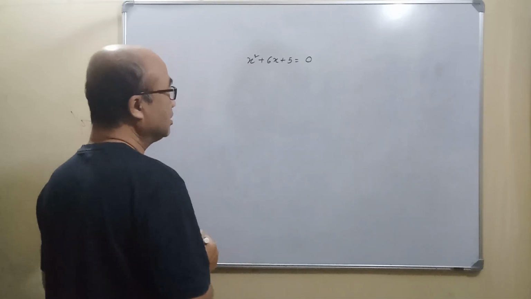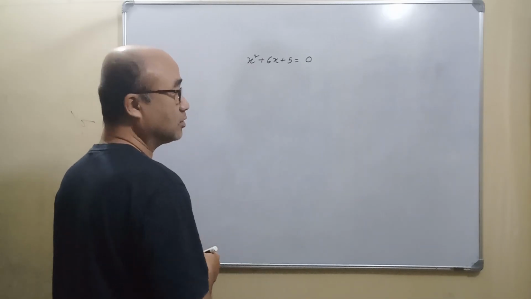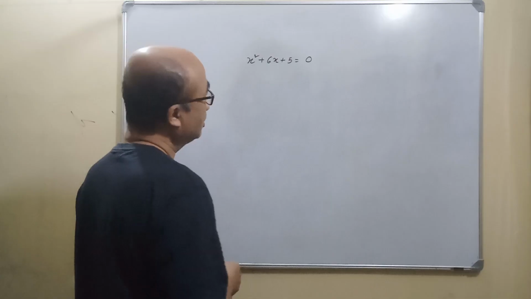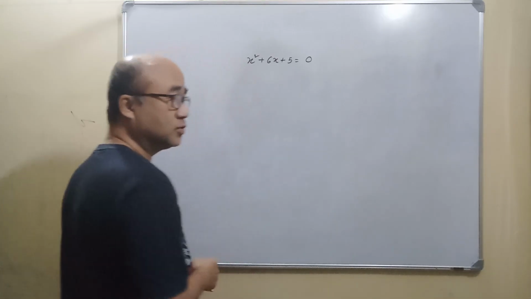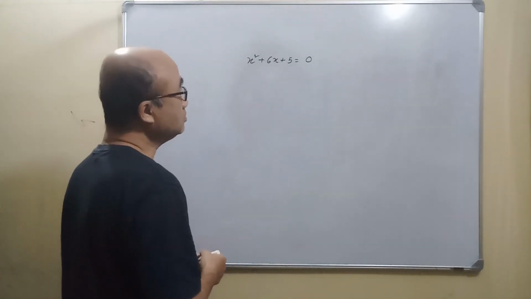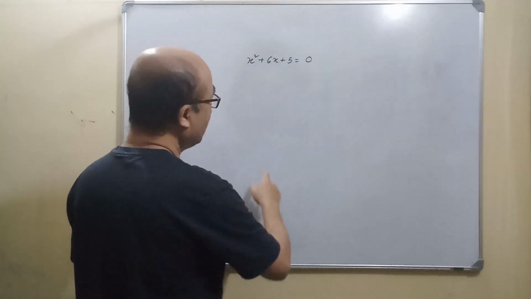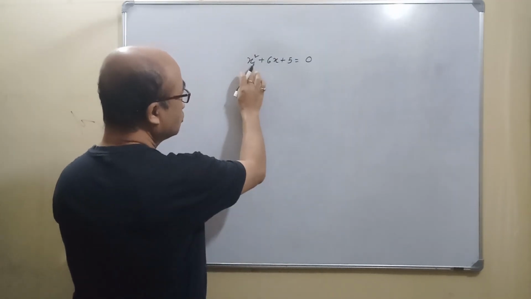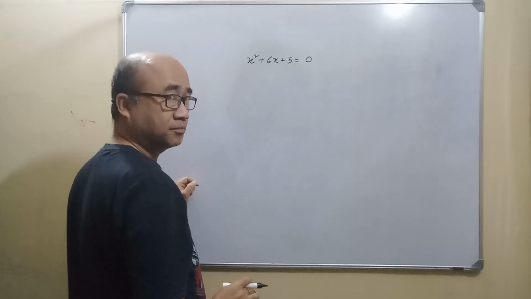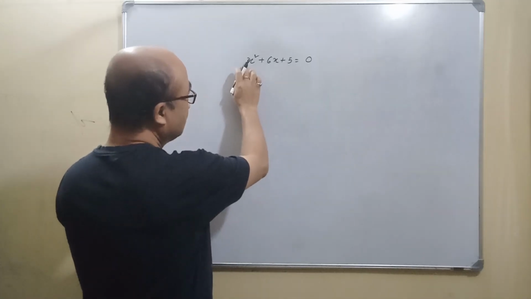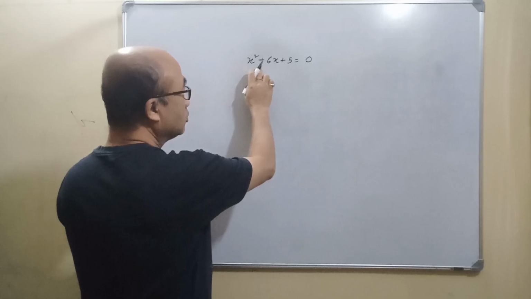We will solve it by the method of completing the square. The first thing to do is we have to make the coefficient of x 1. Here the coefficient of x is 1 already, so we don't have to do anything.